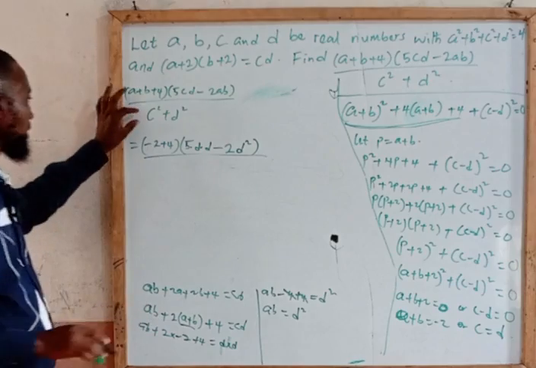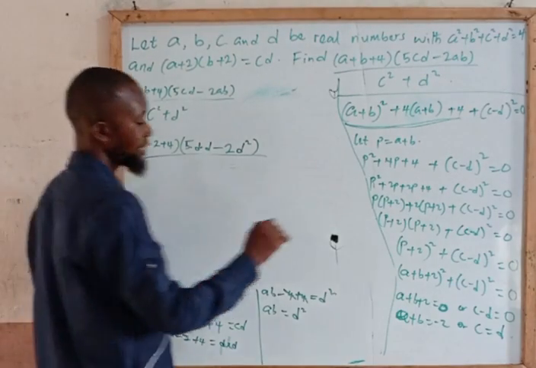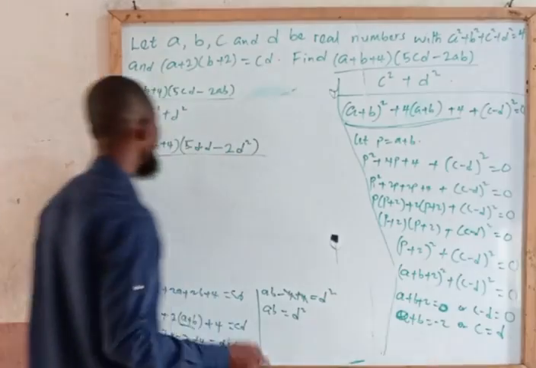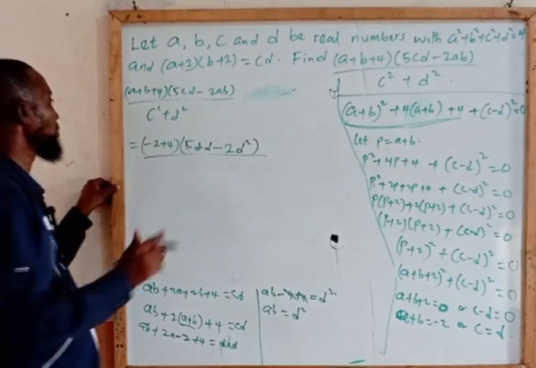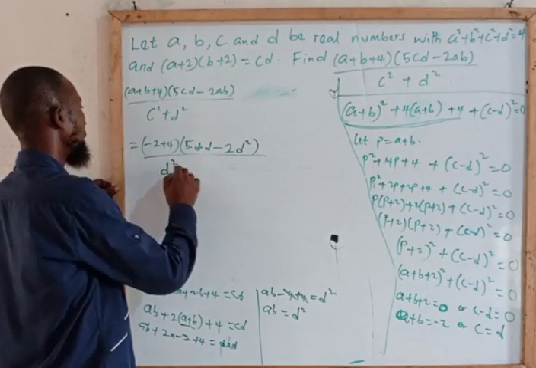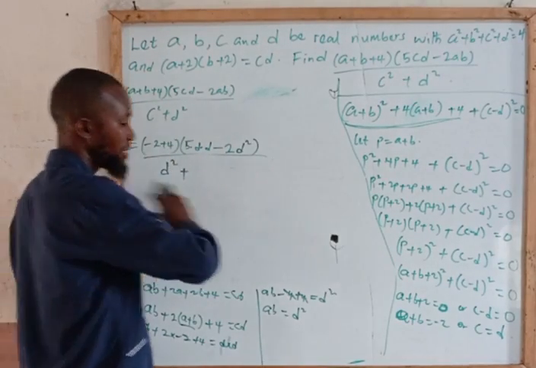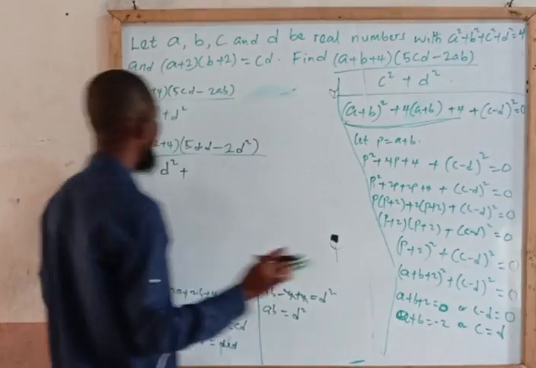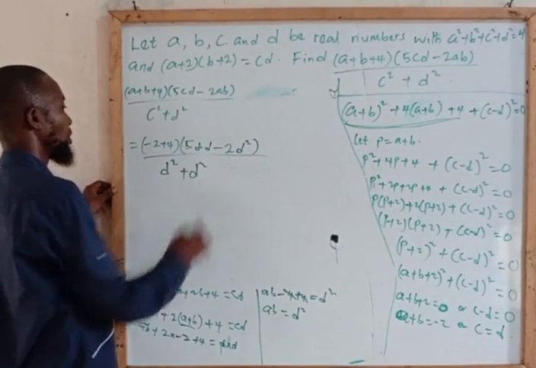Everything over, C is here, and C is defined as D. So in place of C, I will always put D there. So that will be D squared plus, this one is D. D is not defined, only C is defined, so I will say D squared.